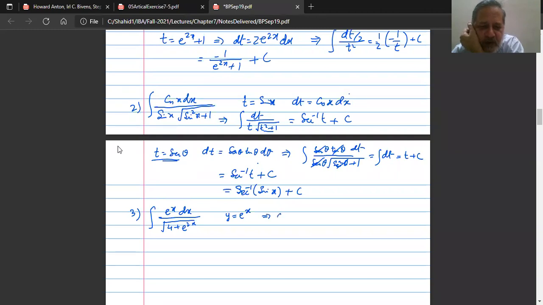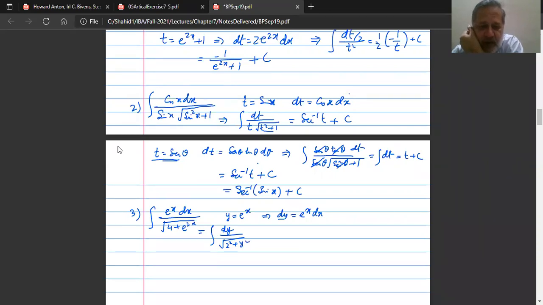This means dy is equal to e power x dx, so that this integral becomes dy upon 4 written as 2 square plus e power 2x, which means y square.